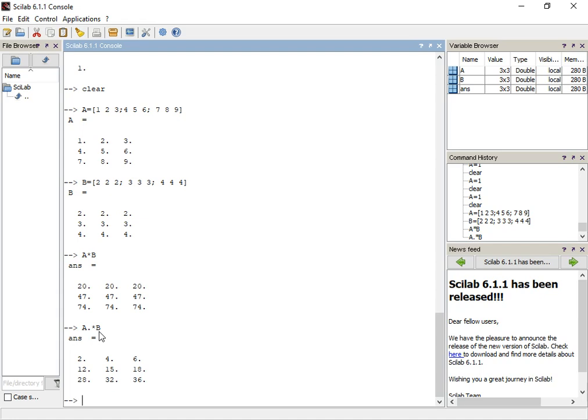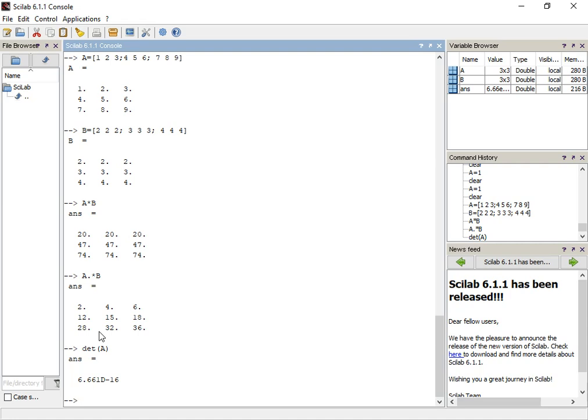But see, if I check the determinant of A, for that the command is det of A, and it is giving me approximately 6.661 D power minus 16, which means it is approximately 0. D power minus 16 is 10 raised to minus 16. Okay. So you know in the scientific form that it is approximately 0 and hence it is not invertible.